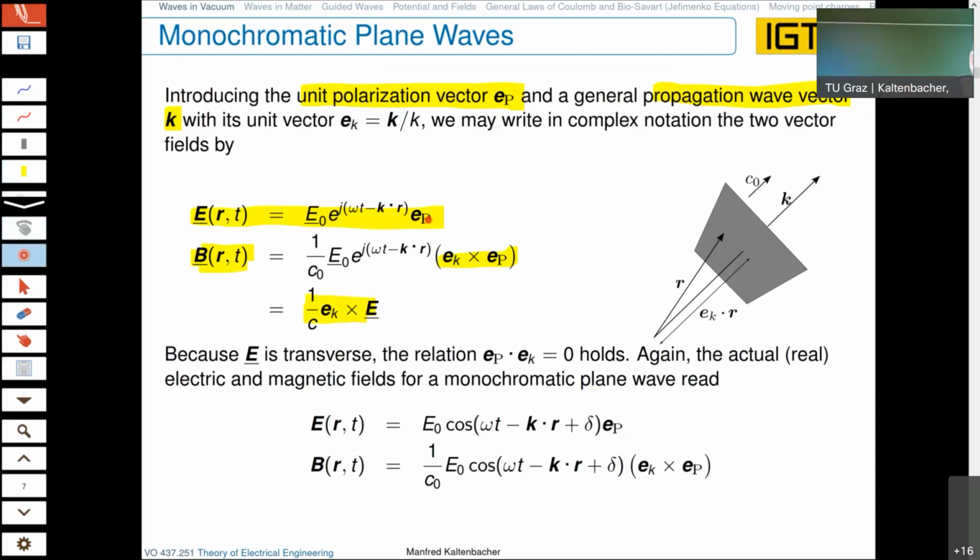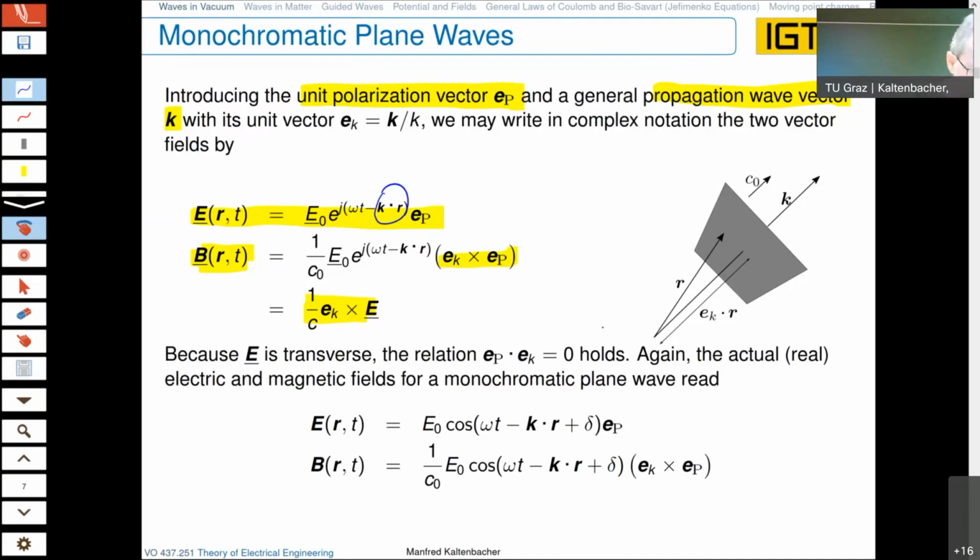What is also different, since we now have any direction and not aligned, is the dot product. We clearly need here a scalar. We had omega t minus kz, where we aligned our plane wave in z direction. Now it is going in k direction, so we have the dot product between r and k.